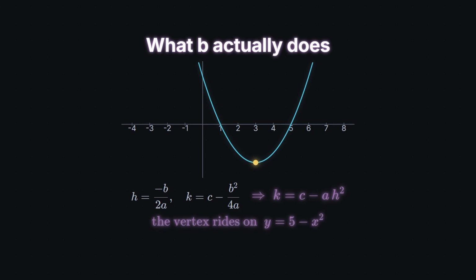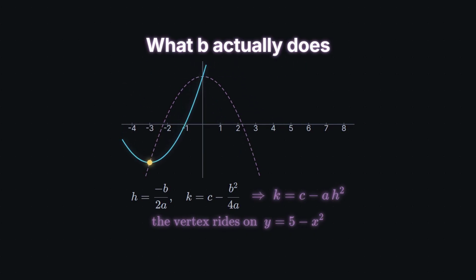But look at what that is. A constant minus a times something squared. That is a parabola. So as b sweeps, the vertex traces out a second parabola. Same stretch, upside down, through c. Ours rides along y equals 5 minus x squared. Our own curve, flipped. The shape is chasing itself.